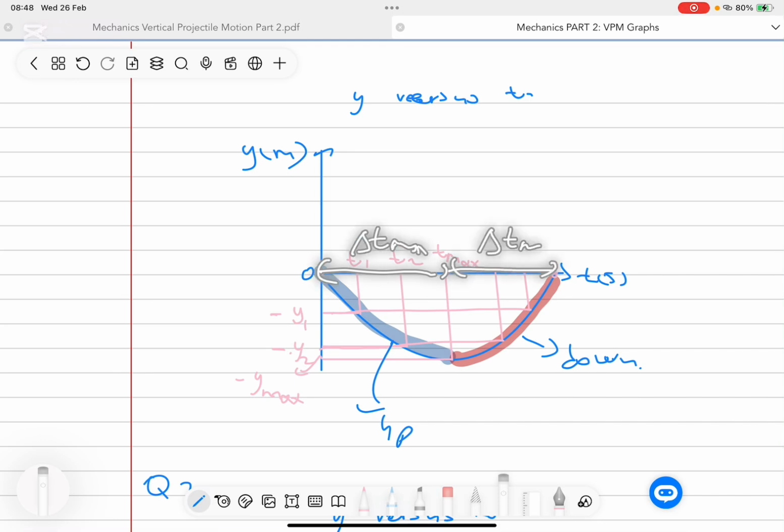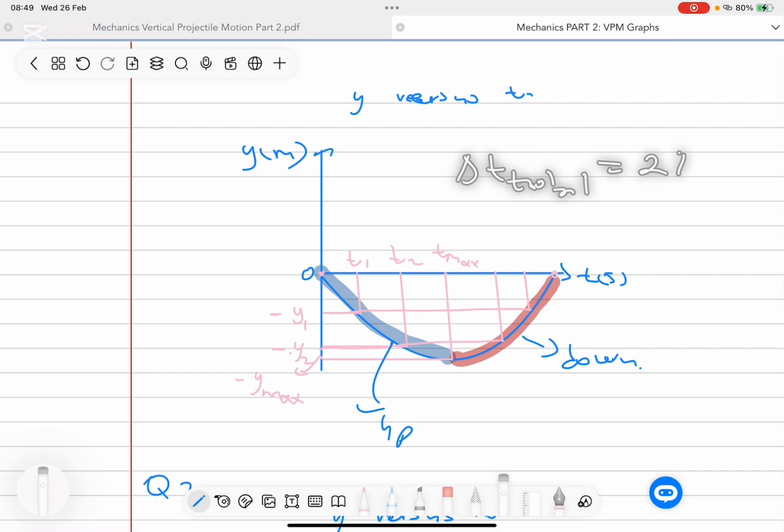Therefore, because they are the same, the change in time total will also be defined in the same way for this graph to be twice change in T max. This relationship, you always have to look for it when you're dealing with projectiles that go up and come down.